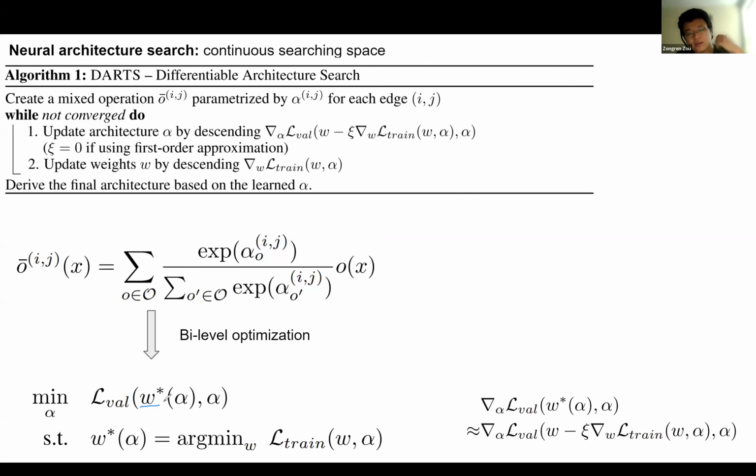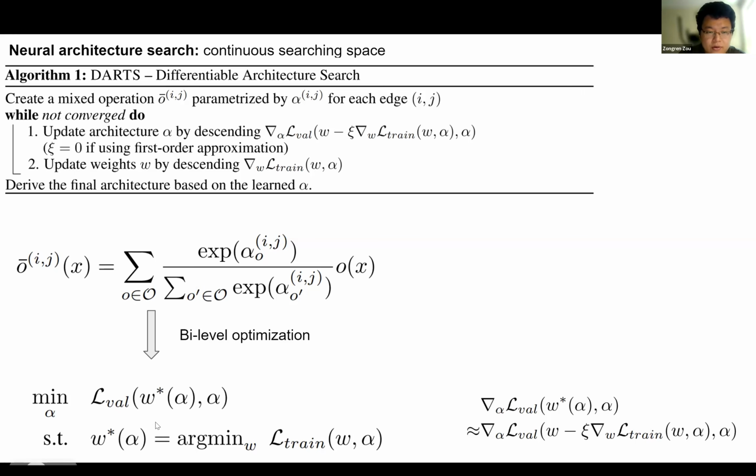So now we have a bi-level optimization, and omega denotes the weights and biases of the neural network, and omega star is the minimizer of the regular loss function. Here the training data is used, and this part represents regular training of the neural network. And alpha denotes the architecture.